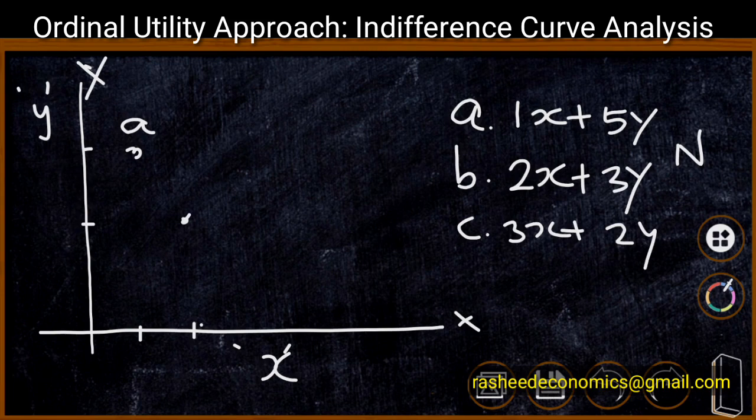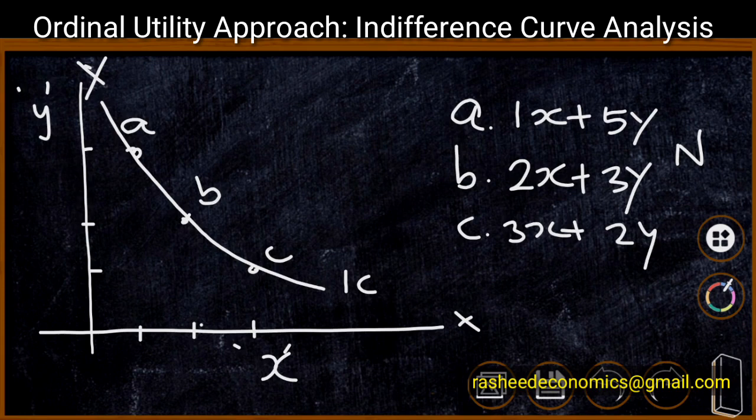In the case of the third point, point C, we have 3 units of X plus 2 units of Y. By joining these 3 points, we can derive a curve. This is the indifference curve. That is, the consumer is getting the same level of satisfaction from all these 3 points.